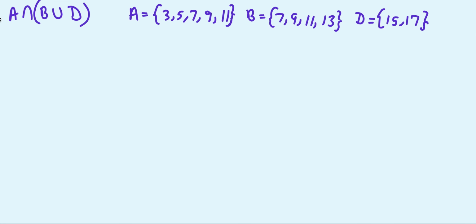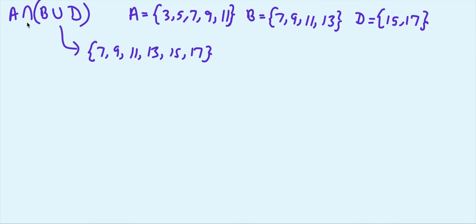So what we are going to do to solve this, because this is in the parentheses, okay? So first we do what's between B union D, okay? So B union D is elements 7, 9, 11, 13, 15, and 17, okay?